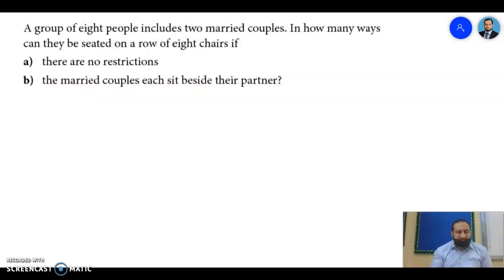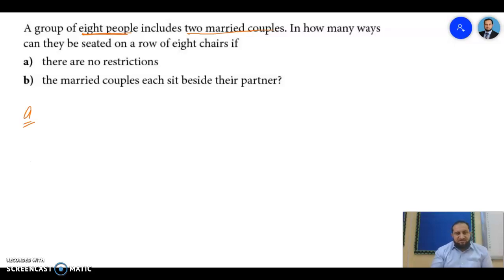Let's have a look at this example. A group of 8 people includes 2 married couples. So there are 2 married couples and the total number of people is 8. In how many ways can they be seated in a row of 8 chairs if there are no restrictions?